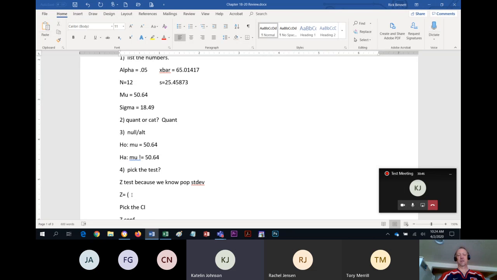Sample mean, X bar, minus mu, over the standard deviation, the sigma one, population sigma, divided by square root of n. Okay, all right, so that's our Z test.